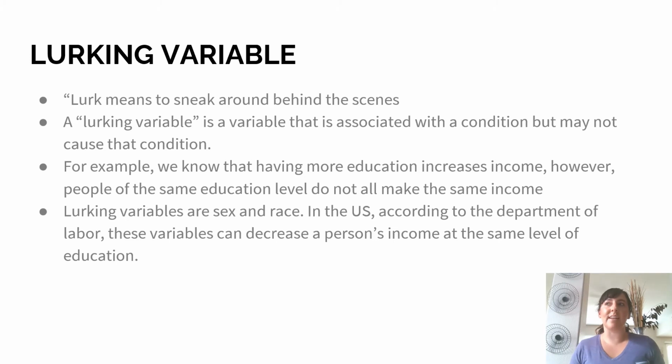But that doesn't necessarily mean that college will definitely get you a lot of money. It's associated with that, yes, but not every job you get out of college is going to bring you a ton of money. So that's another lurking variable.